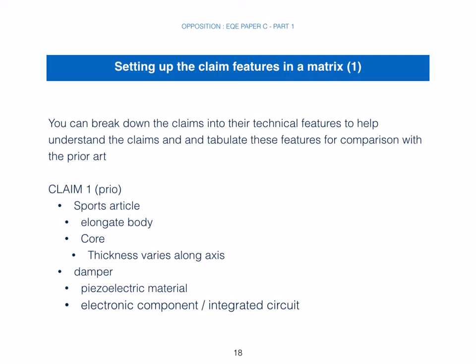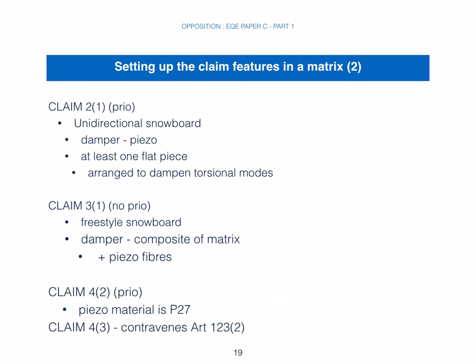Now we go to claim 2. Claim 2, we can put in its priority entitlement and its dependency. The features are a unidirectional snowboard, a damper comprising, the damper comprises piezoelectric material formed of at least one flat piece and is arranged to dampen torsional modes.